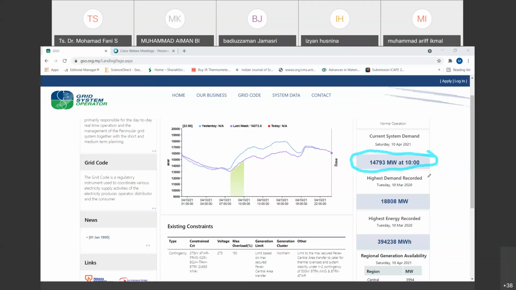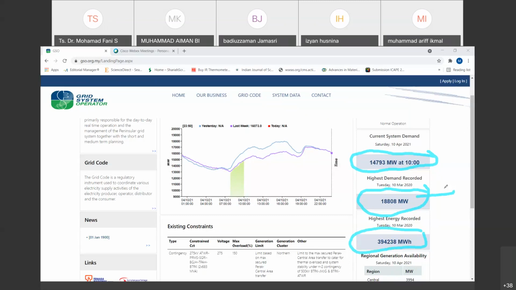So the highest record for the demand for the last month is 18,800 megawatts. Okay, this one is the energy record, in megawatt hours.